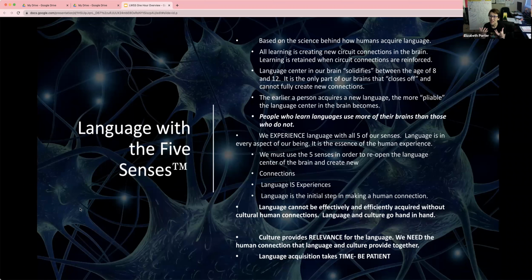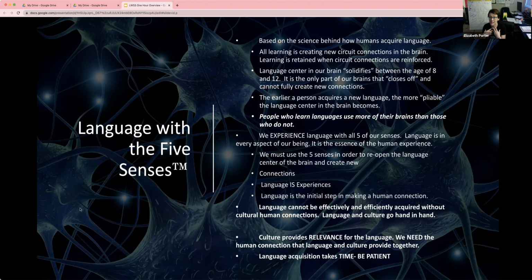The other thing about it, though, is that if we learn multiple languages from an earlier age, we are more likely to keep those areas more open and receptive to learning new language skills. And people who learn languages use more of their brains than those who do not, which I'm sure you know as language teachers yourselves.